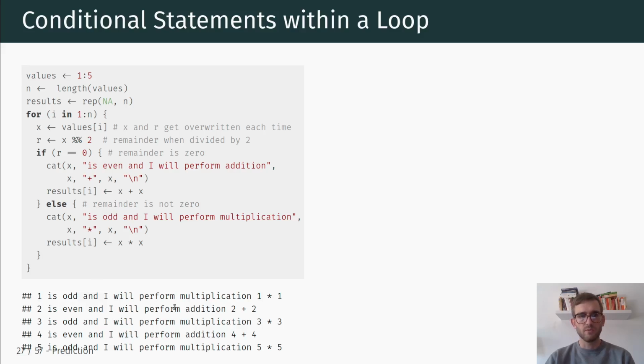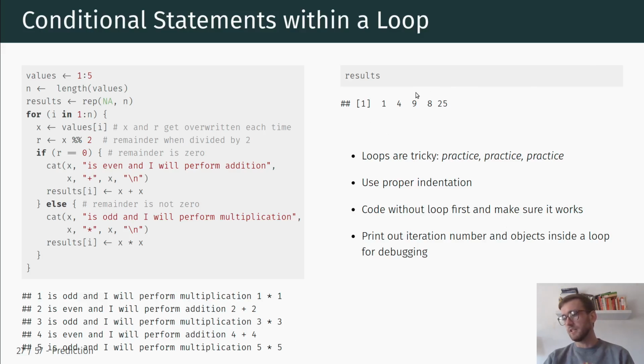The output, if we go through from 1 through 5, will say 1 is odd, I will perform multiplication, 2 is even, I will perform addition, and so on. And these results would then be 1, 4, 9, 8, 25, and so on. Okay.